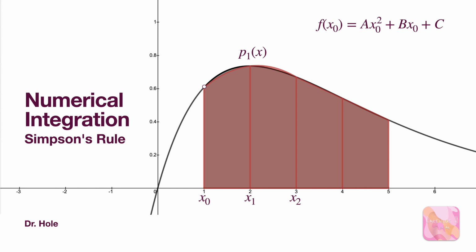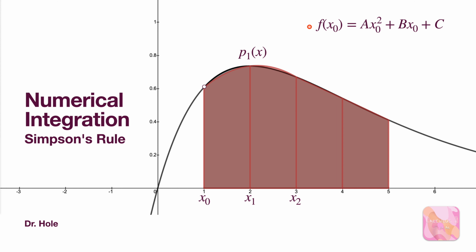So we're given the function f, and we're trying to find a parabola which fits the graph of f over the interval x naught to x2. Then a parabola needs 3 coefficients, a, b, and c.